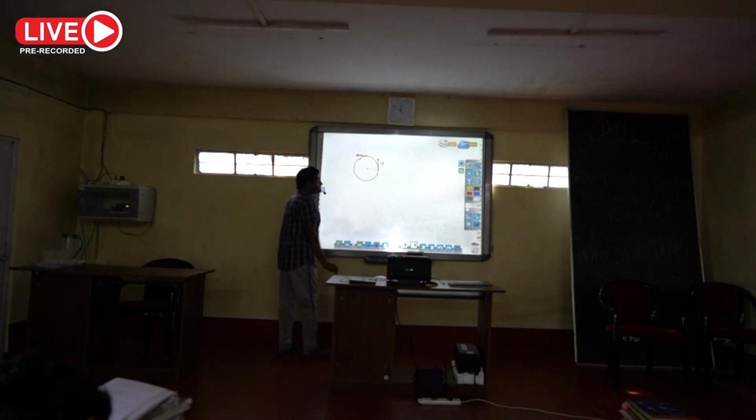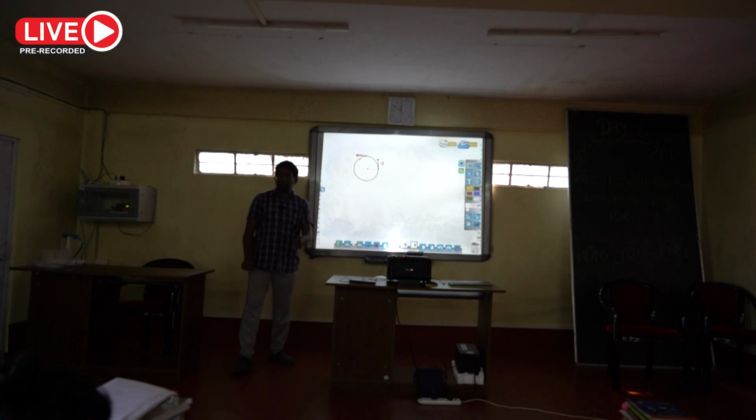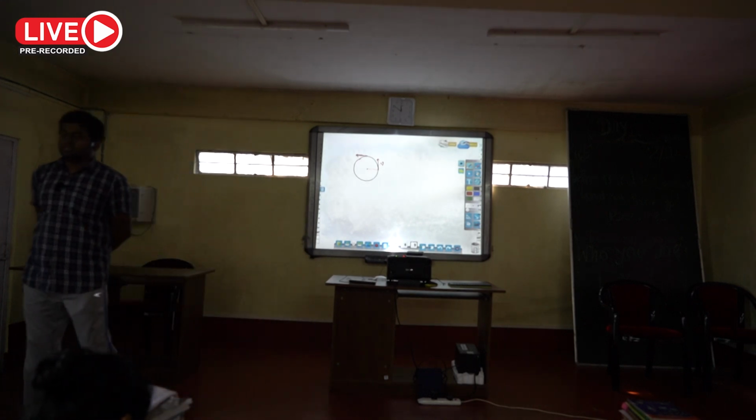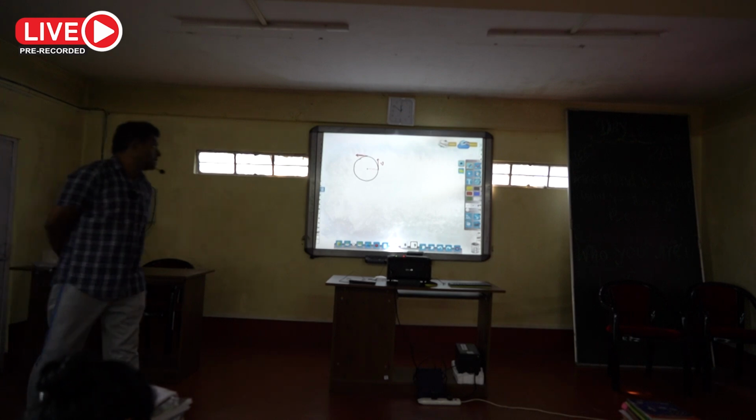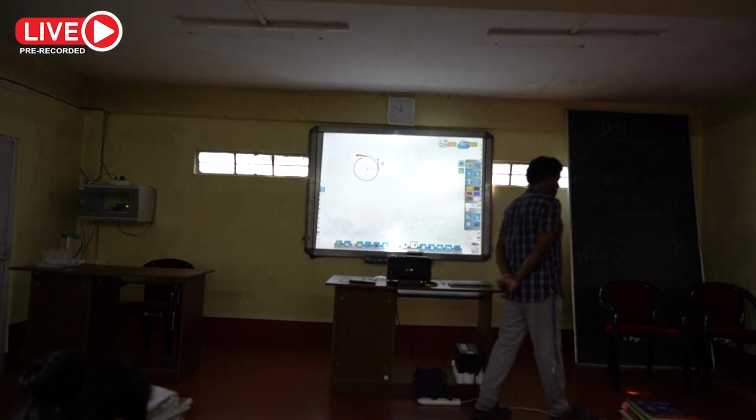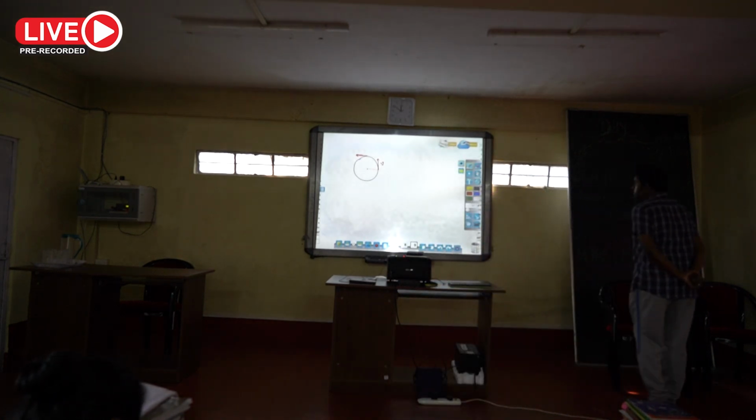Particle is moving with uniform speed. So write down the velocity vectors of a particle at two different positions are shown in the diagram.